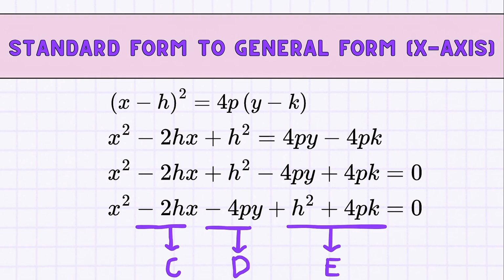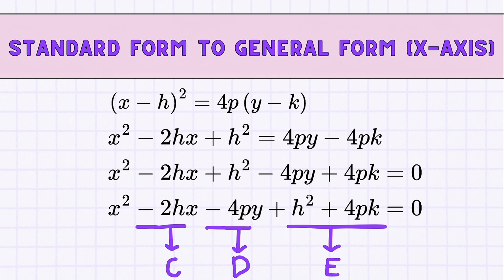Now, after solving, let's get to the other part of our lesson, standard form to general form. On our screen, this is the parabola in the x-axis. So, we have (x minus h) squared equals 4p(y minus k). We expand (x minus h), we get x squared minus 2hx plus h squared. And on the other side, we distribute 4p to y, getting 4py, and we distribute 4p to minus k, getting minus 4pk.